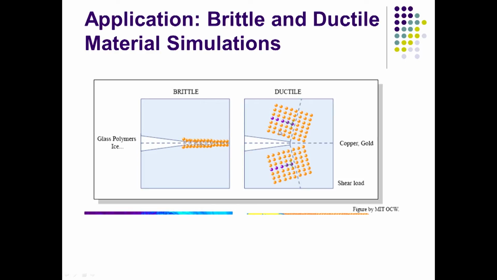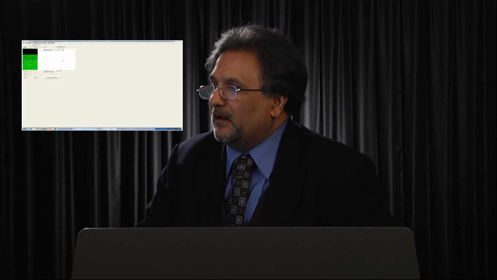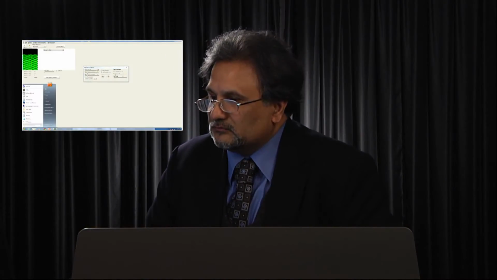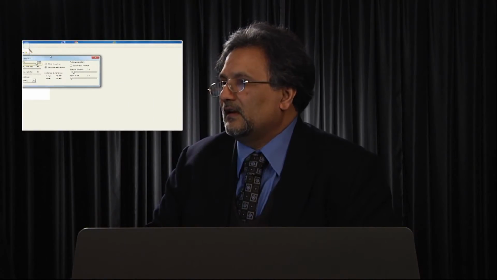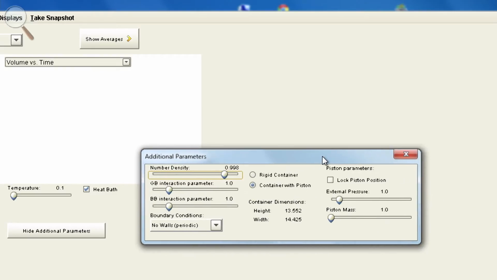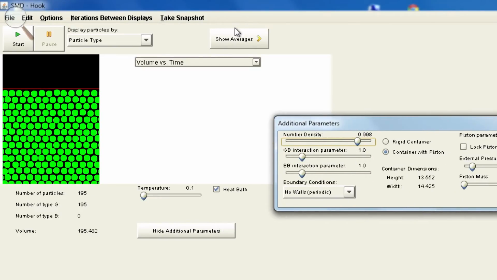So, now let me do a VMD demonstration that we have done earlier, but now you understand it much better. I am going to do it very quickly and explain it to you. Let us make that big, expand and magnify it. Again, we obviously have a piston, which is important here, and let us show the averages.